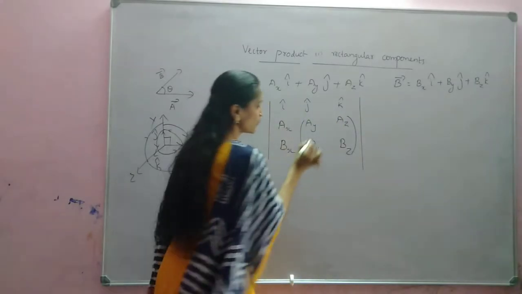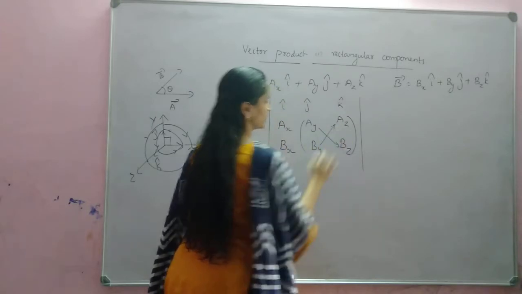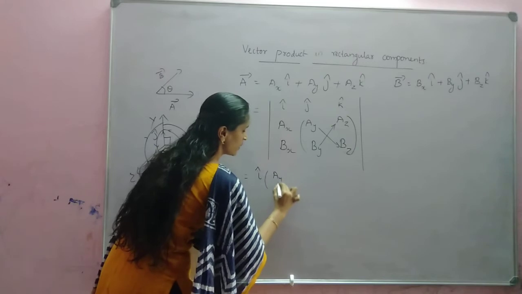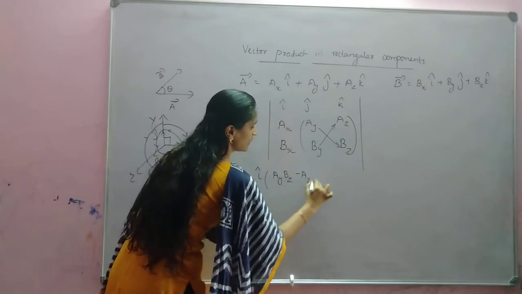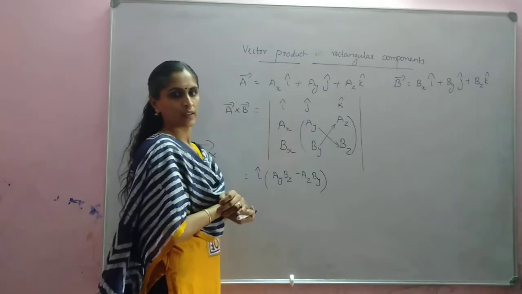Now we have to do this into this minus this into this, so we write Ay Bz minus Az By. Is it clear?